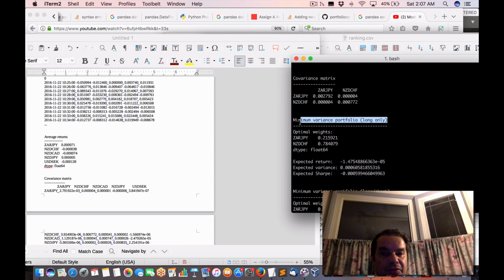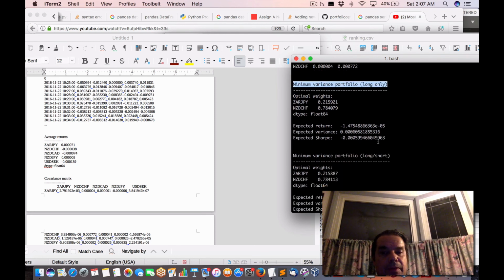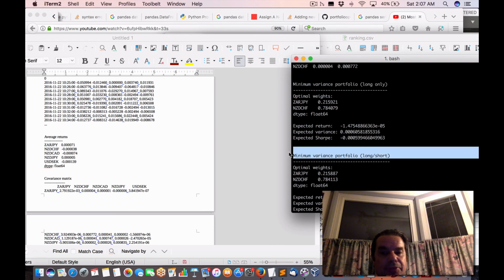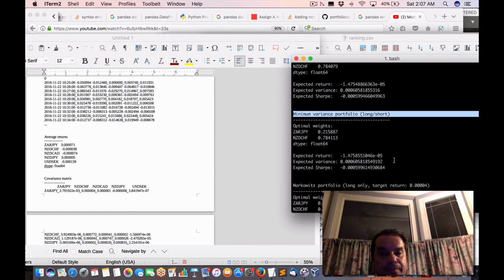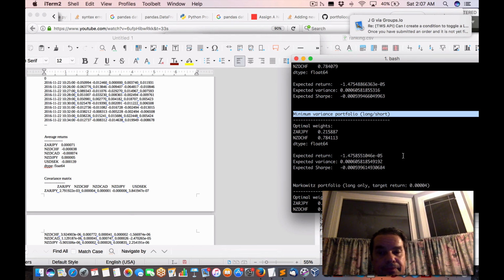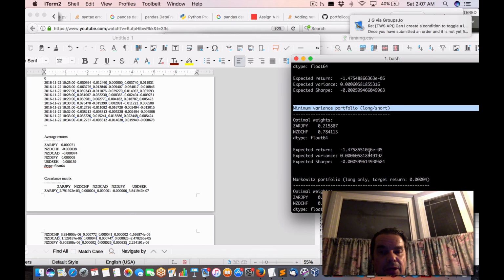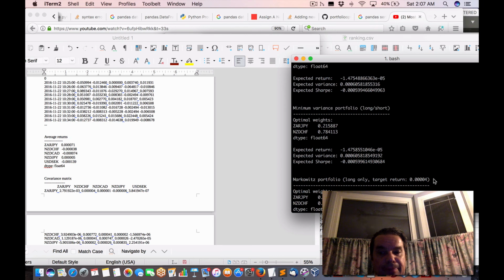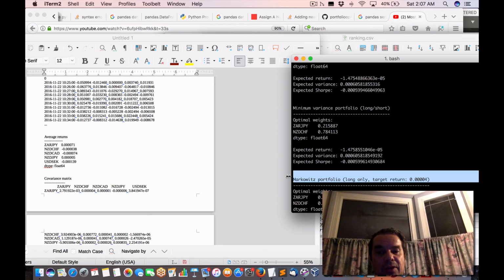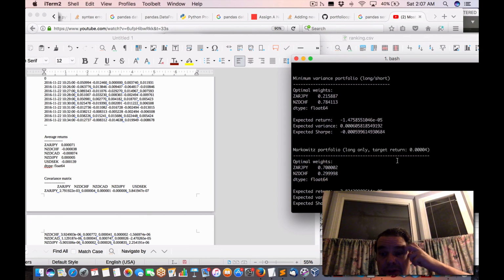As I said, the first one we want is a minimum variance portfolio, long only, but we can also do a short, not only the long. Continuing along, we also use the Markowitz portfolio, and we try to have a long only with an expected target return.